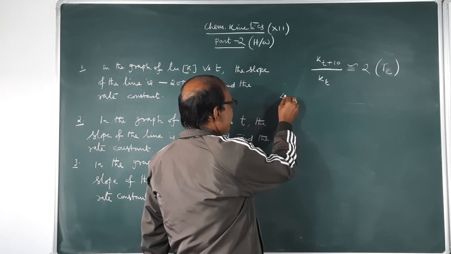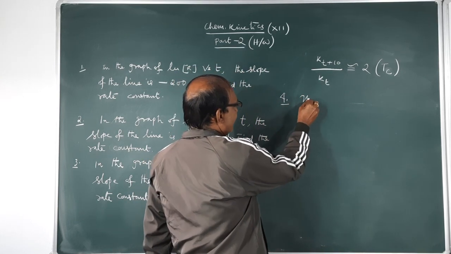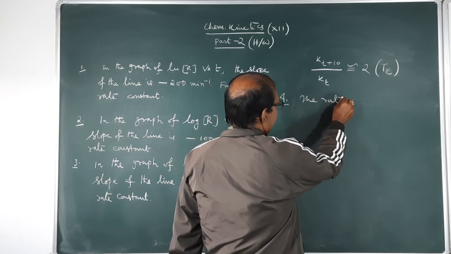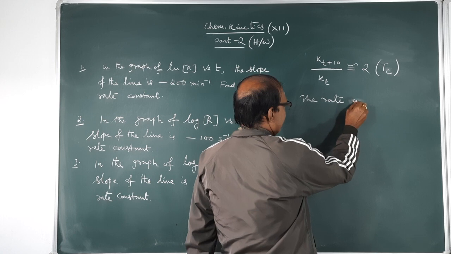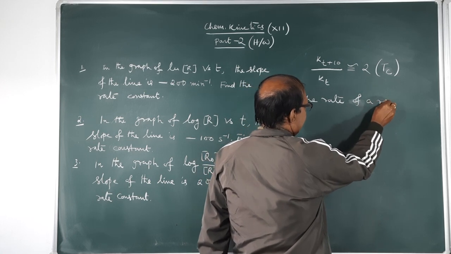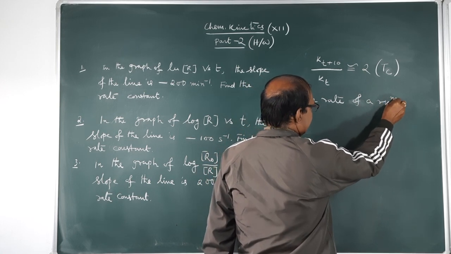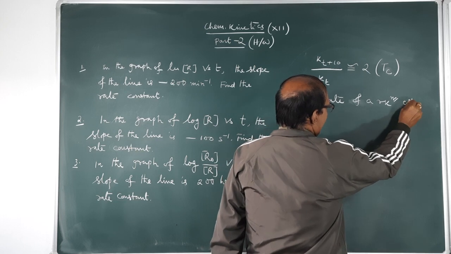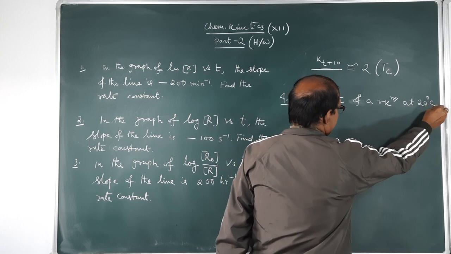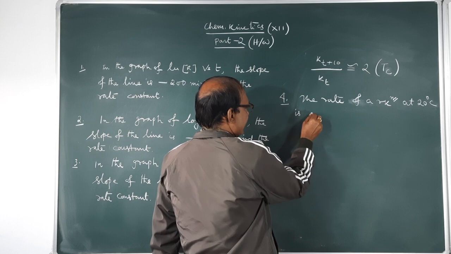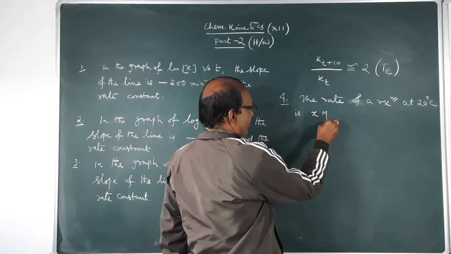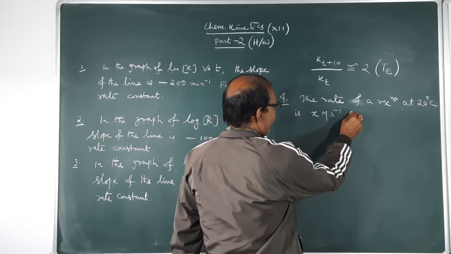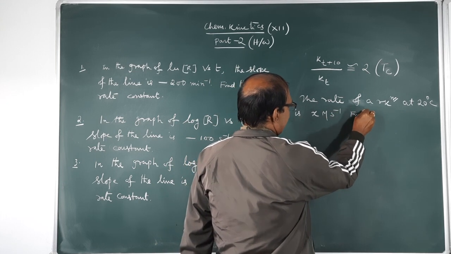Therefore, suppose the rate constant of a reaction at 20 degrees centigrade temperature is X. Suppose it is given as X molarity per second.